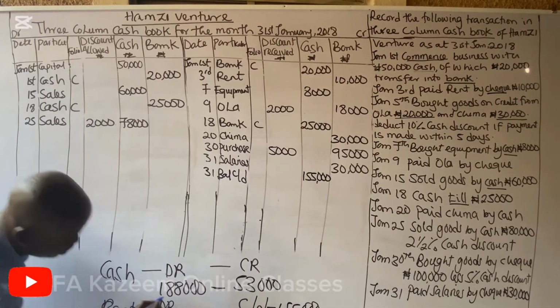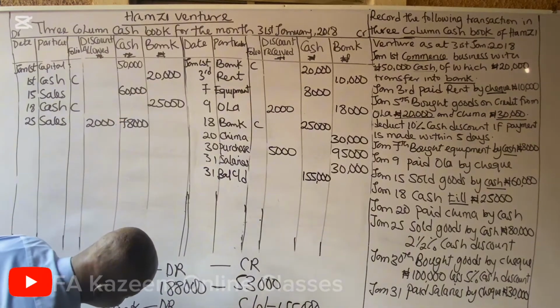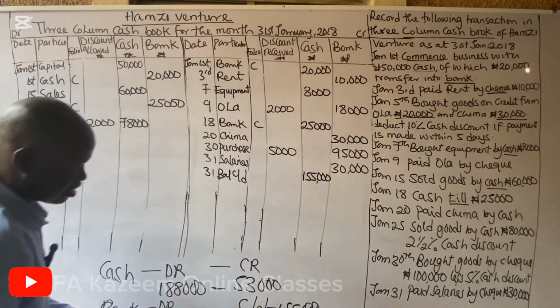After balancing cash, let's see how we balance our bank. The debit side of bank is 45,000. Let's see the credit side of bank.